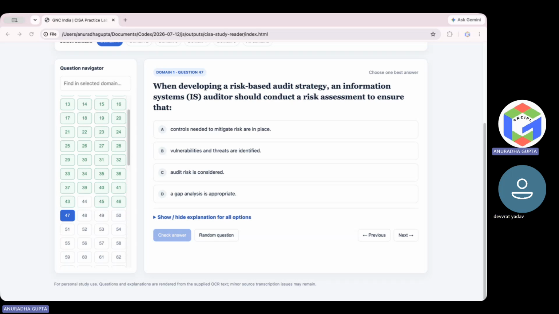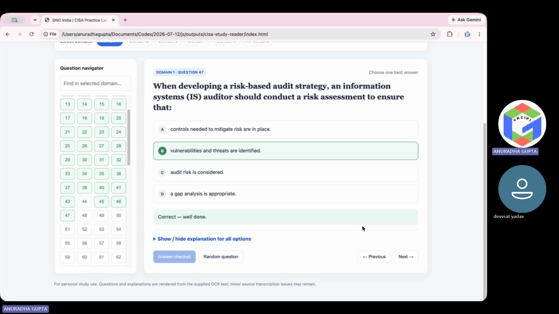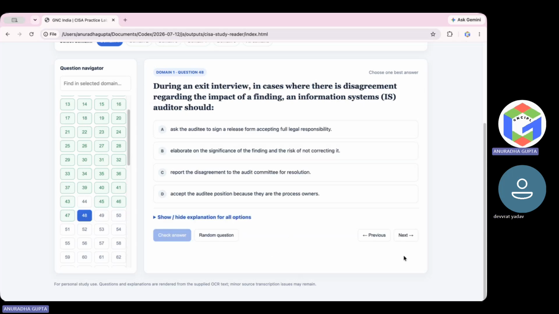We need to check that also. So from both ways we need to perform the analysis. For exam point of view, then a gap analysis is appropriate. So gap analysis is again a later stage activity. Yes, it is correct. Do you want to see the explanation? No, no. We can move. No? Okay, fine.